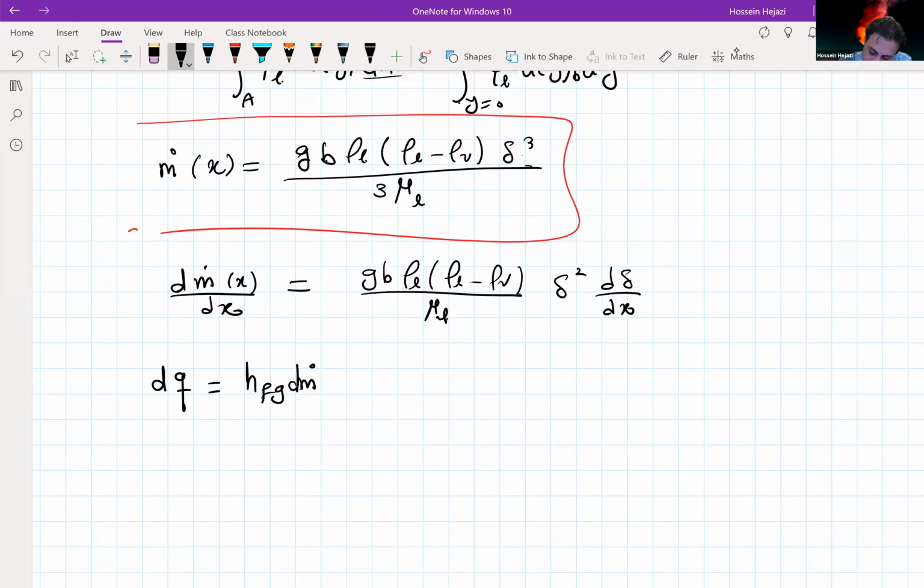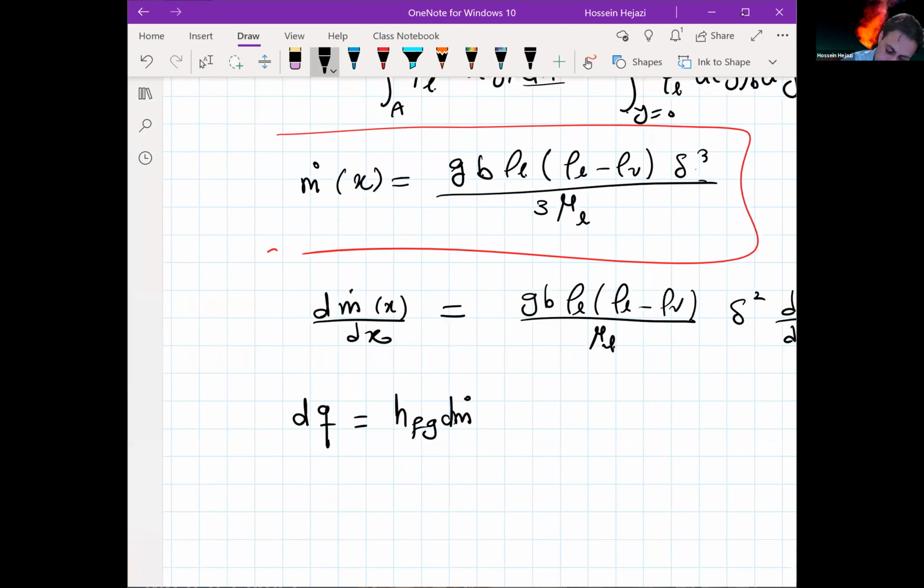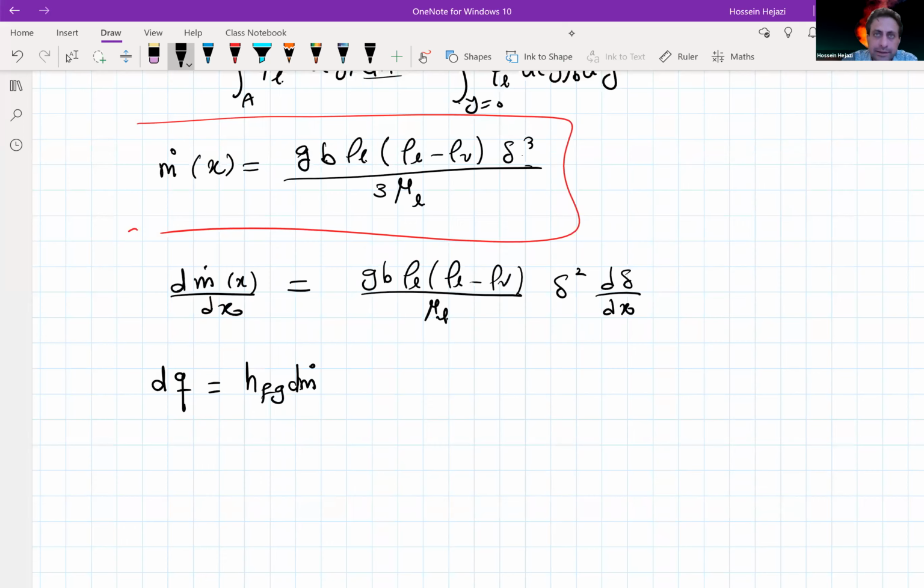And it's going to be k_L b dx (T_sat minus T_s) divided by delta.